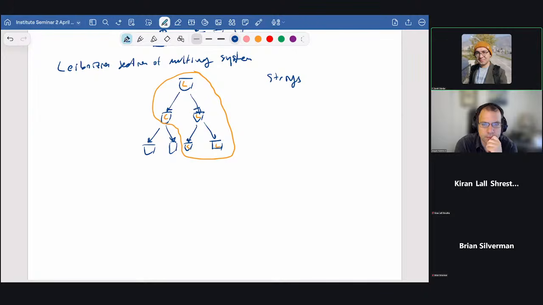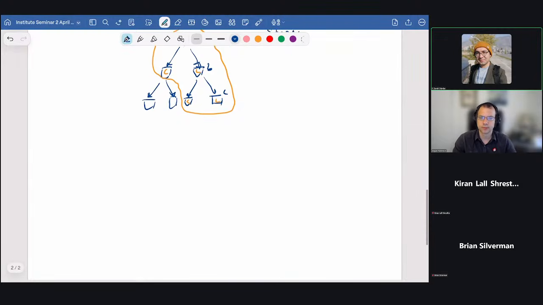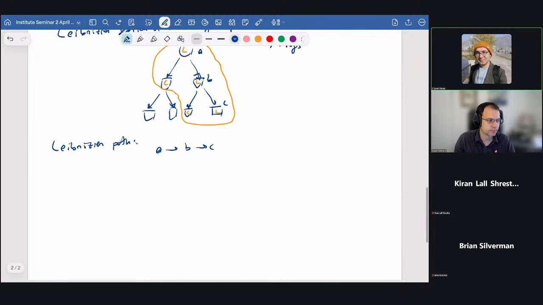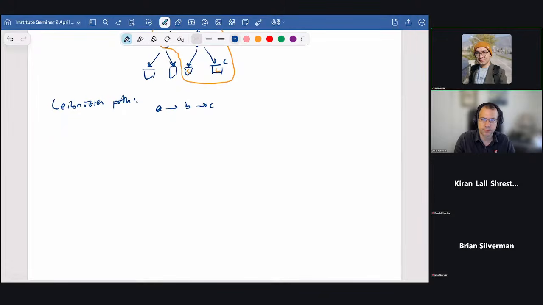For example, let's say this is configuration A, this is B, and this is C. We are considering a set of paths, but let's focus on a single Leibnizian path, which goes from A to B to C. And we define the action for this path as follows.